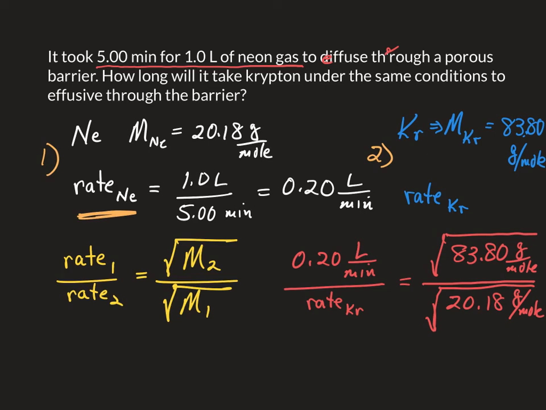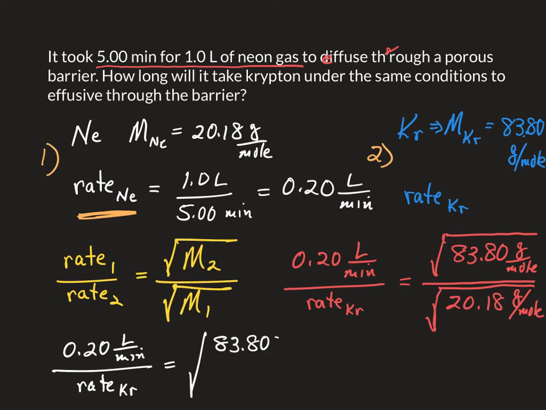So our 0.20 liters per minute divided by the unknown rate at which krypton escapes would be equal to the square root, we could combine that, of 83.80 grams per mole divided by 20.18 grams per mole.